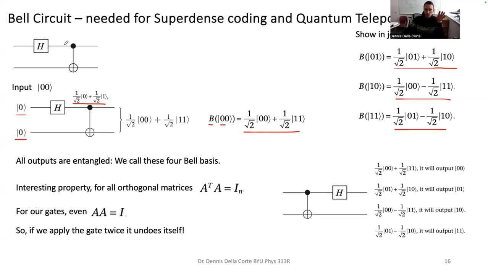So if this is the Bell circuit here, if we take the inverse of it and now put in as inputs, for example, this entangled superposition, then out comes just a 0 and a 0 qubit. That would be quite nice because it will allow us to send messages in superpositions that can then be run through the inverse circuit in order to get the inputs back out.